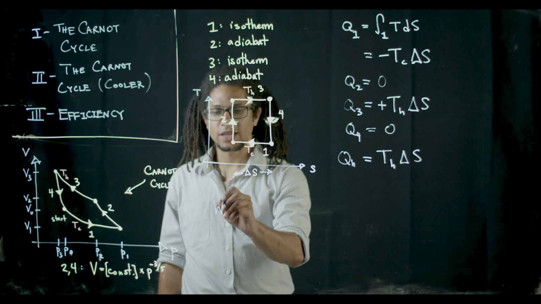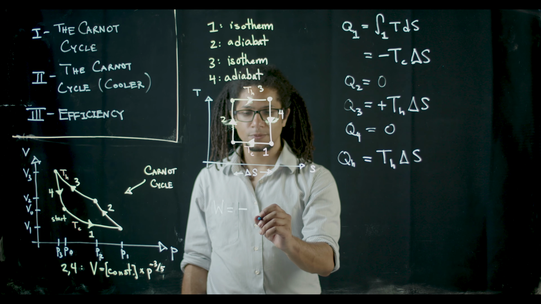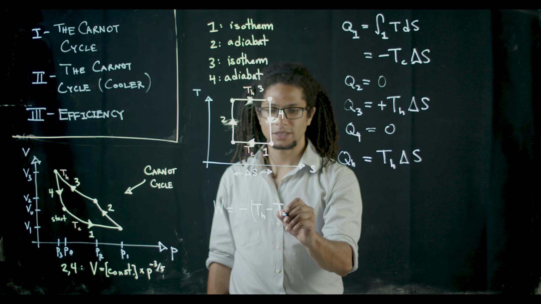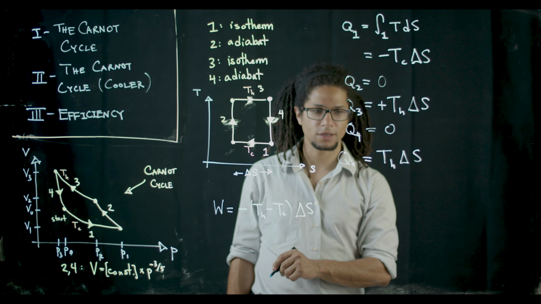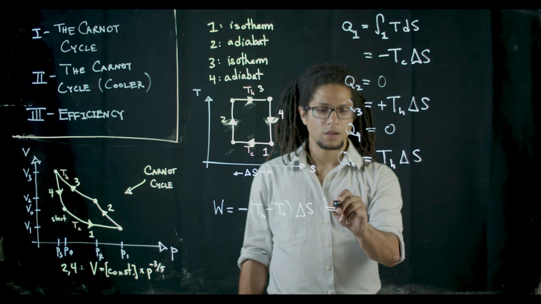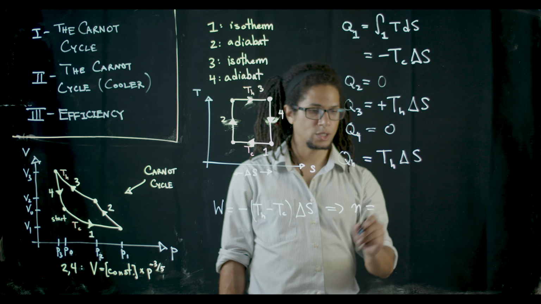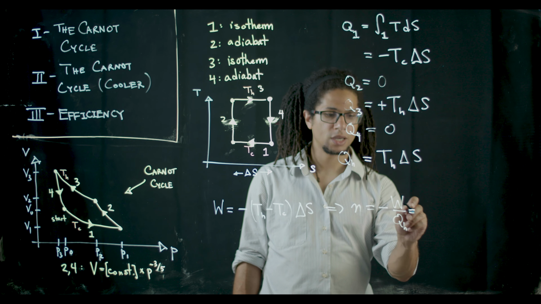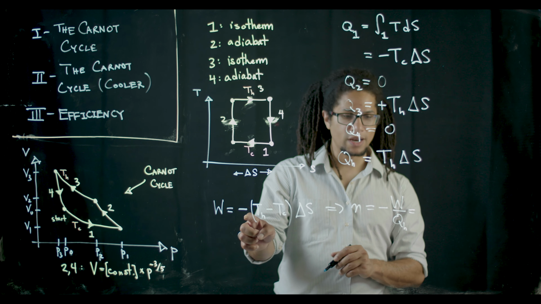So what we'll get is that W is equal to minus TH minus TC times delta S. Putting this all together, we get that eta, which is equal to minus W over QH, is equal to, well, this minus sign goes away.